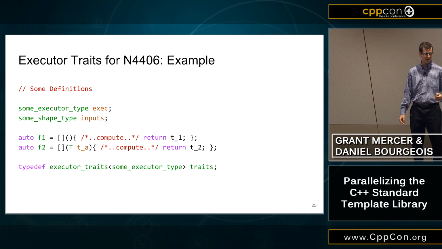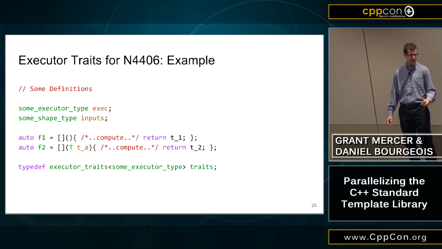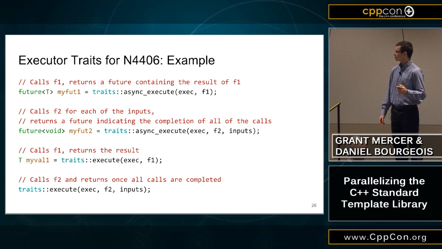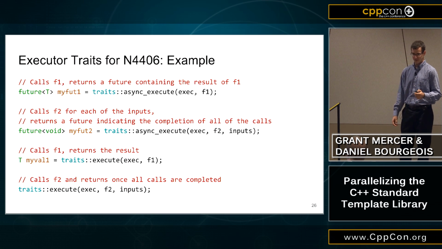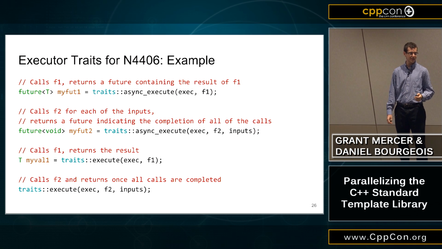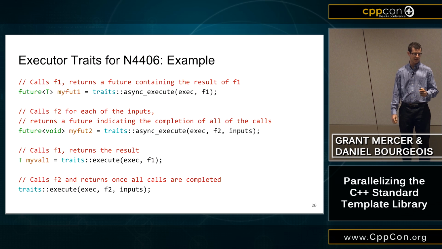The second one will have one argument, and there's a type called executor traits. And so here are the four function calls, just to make it clear. And if we look at the second one, that will call f2 once for each of the inputs, and it'll use the executor.